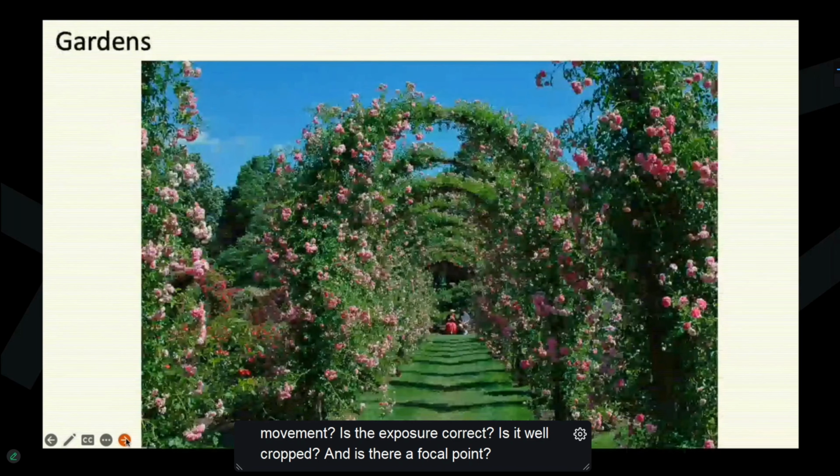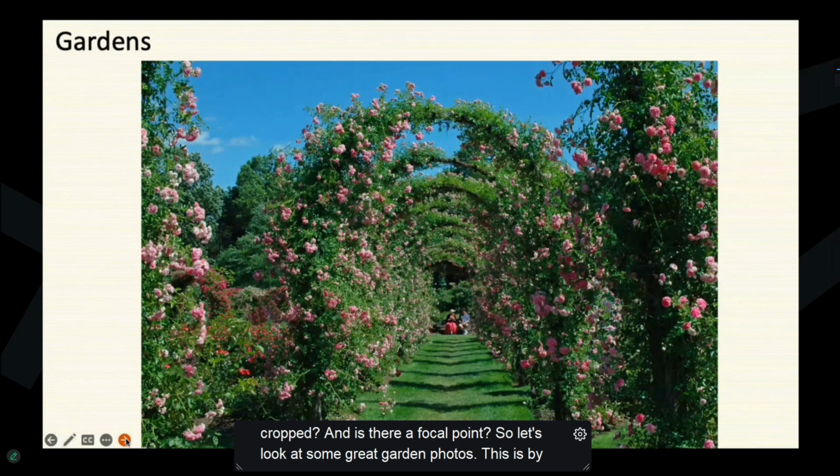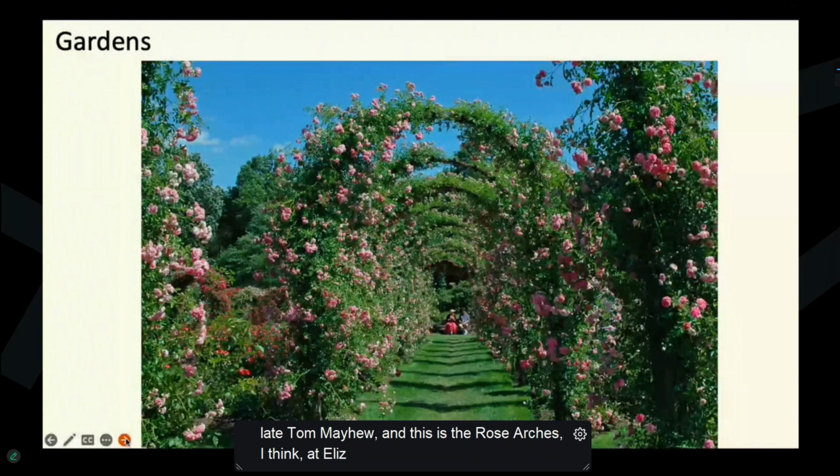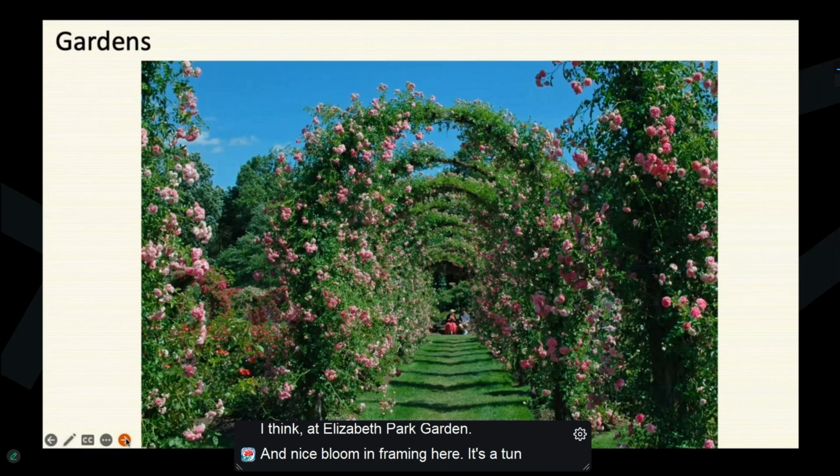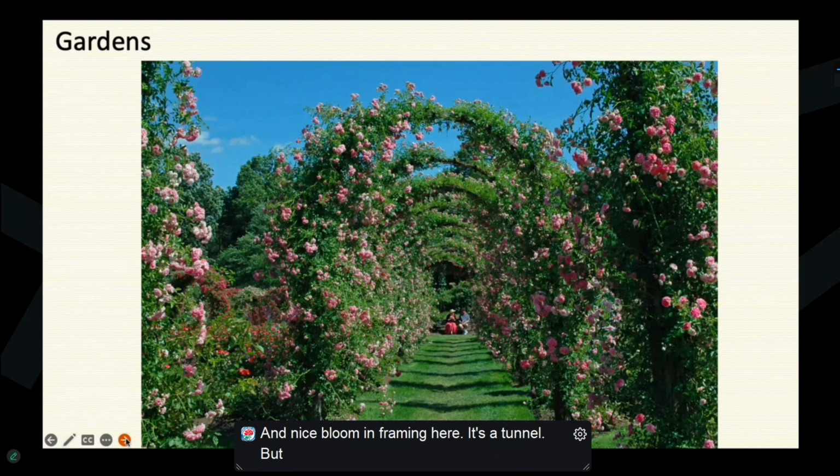So let's look at some great garden photos. This is by the late Tom Mayhew, and this is the rose arches, I think, at Elizabeth Park Garden. Nice bloom, and in framing here, it's a tunnel. But what he did to draw you into the tunnel is he planted people at the end of it. Otherwise, your eye is not drawn.